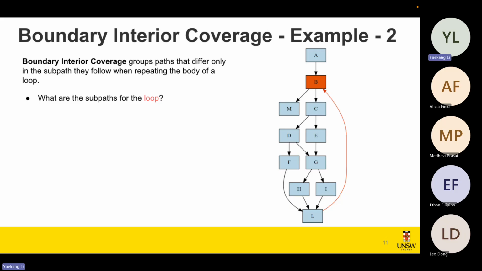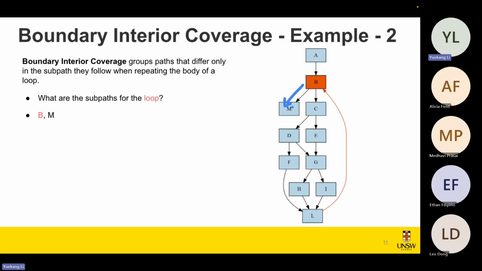That's a simple example, and now let's consider a more complicated one. You can see that we have a very big loop here, and let's try to get all the subpaths of the loop. The first one is BM. BM is actually a special case, so we will talk about it later. Let's systematically go through all the potential subpaths.